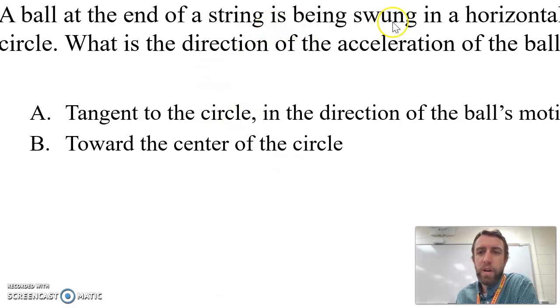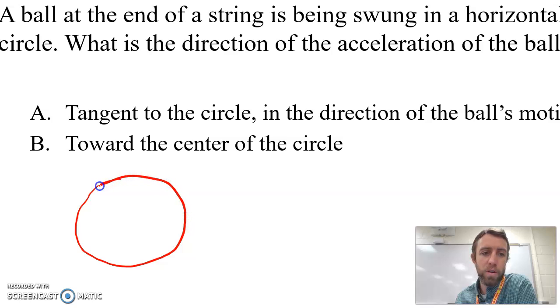Ball at the end of a string is being swung in a horizontal circle. What is the direction of the acceleration of the ball? Tangent to the circle, in the direction of the ball's motion, or towards the center? Again, we're talking about acceleration. These are all questions asking the same thing. This is important.